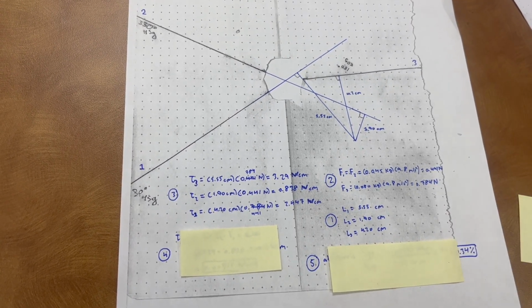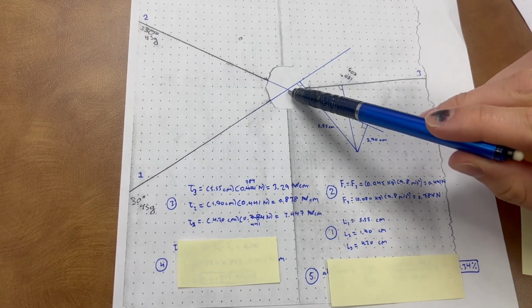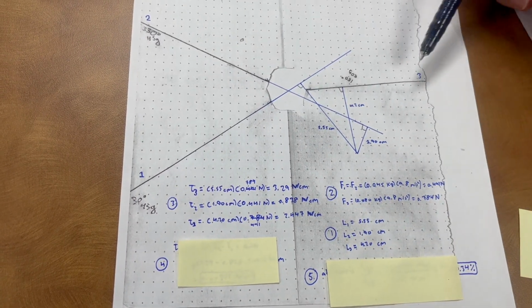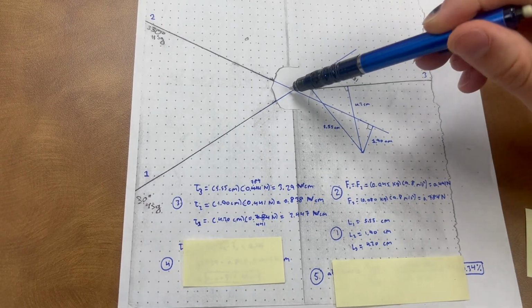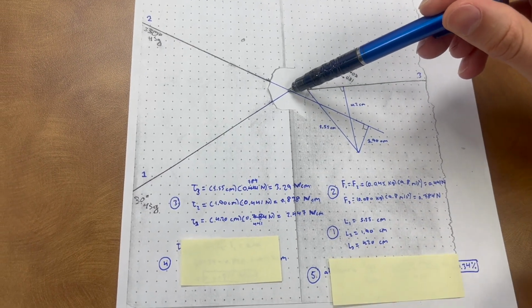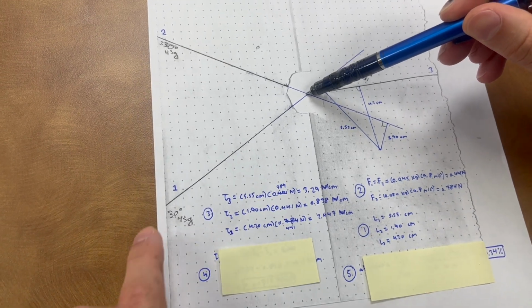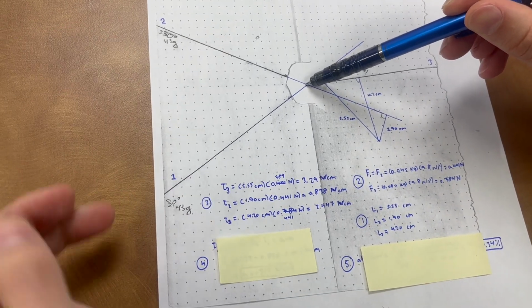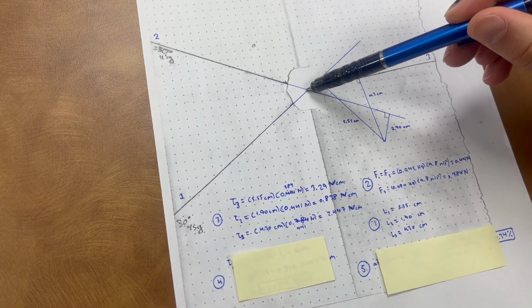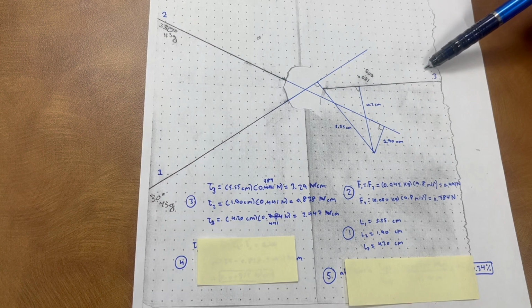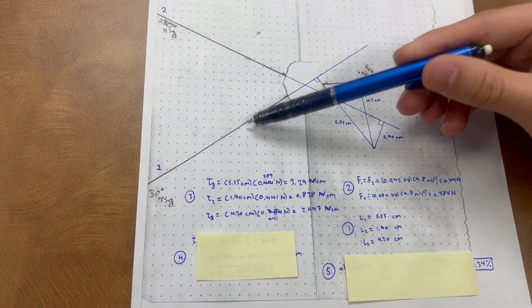An easy way to determine that is to pretend that you're holding the paper here, and if this force was acting, it would naturally rotate the paper clockwise. And if these two forces were acting on the paper, they would pull the paper down counterclockwise. So therefore, this force is clockwise and these two are counterclockwise.